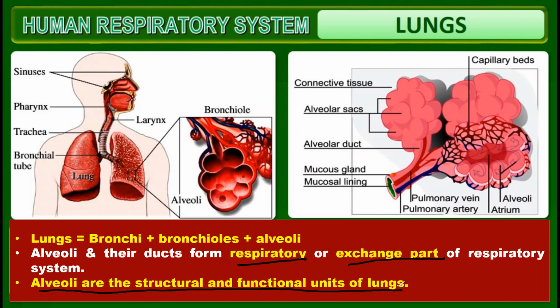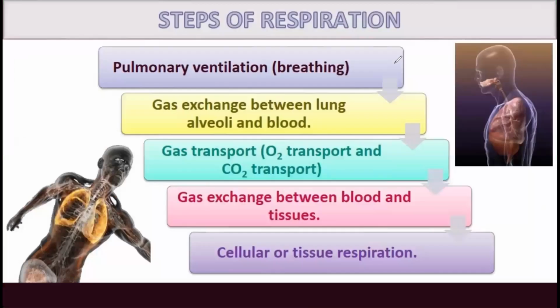Like hemoglobin, the respiratory pigment, is the unit for exchange of gases, carrying oxygen and delivering oxygen to the tissues where aerobic respiration takes place. But for lungs, it is alveoli that are the structural and functional unit.